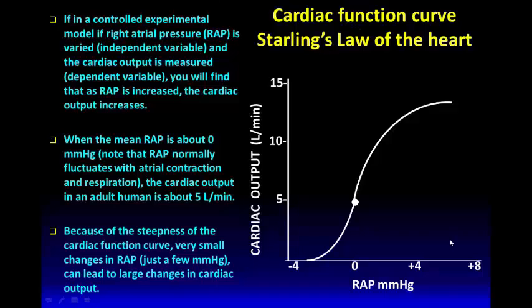One way is having the end-diastolic volume on the x-axis and the stroke volume on the y-axis, as we have seen in the previous slides. And this way is plotting the cardiac function curve with the right atrial pressure on the x-axis and the cardiac output on the y-axis.